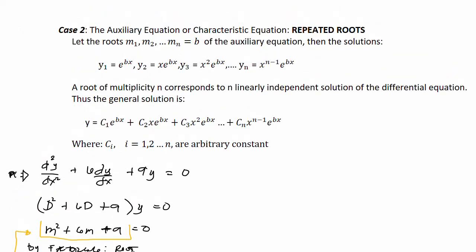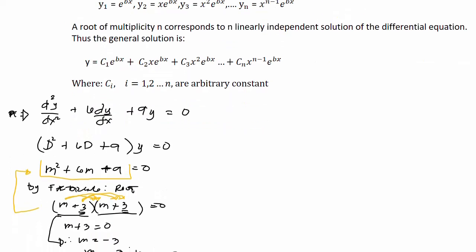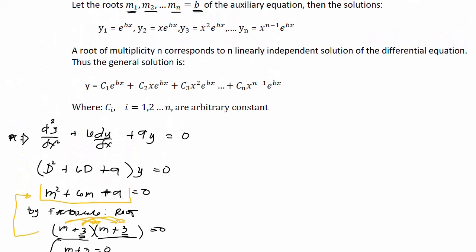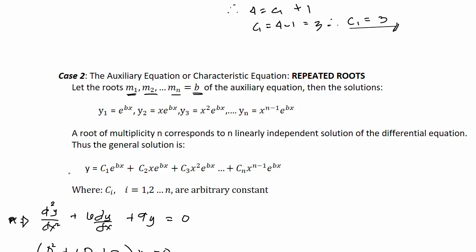Going back, we say that if we have repeated roots m1, m2 until mn, in our case we had m1 and m2, let's call it b. So m1 is equal to m2 is equal to b, or b is just negative 3. This is our root, and we have two repeated roots.